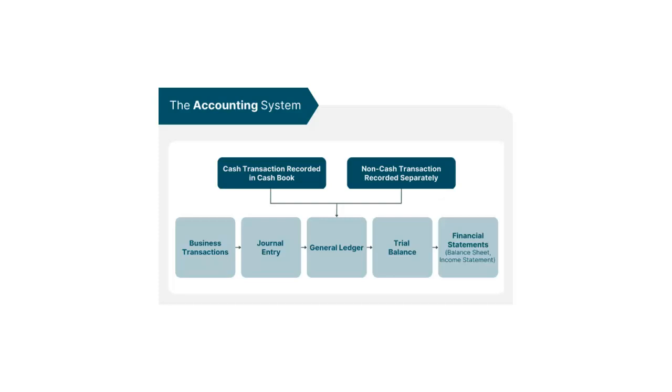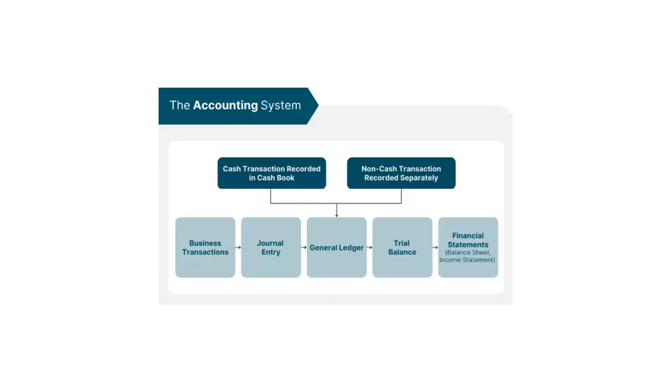The accounting system kickstarts when any financial business transaction takes place, in which there is any kind of cash movement from bank or through any other mode. Now, these financial business transactions are thereafter recorded in the journal as a journal entry.